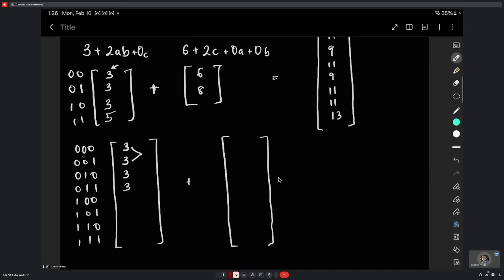So anywhere we have 0, 0, we are going to replace it with 3. This first 3, for 0, 0, 1, 0, 1, this is a 3, right? For 1, 0, 1, 0, and for 1, 1.